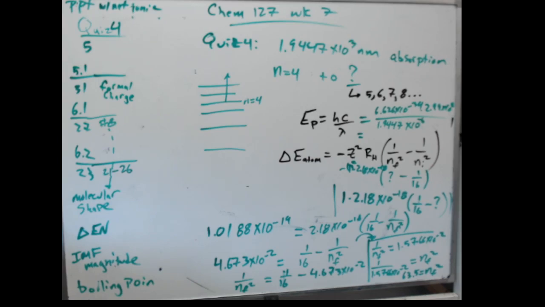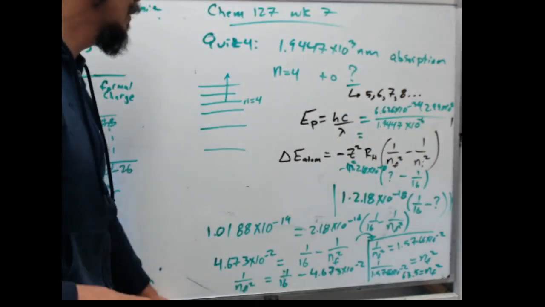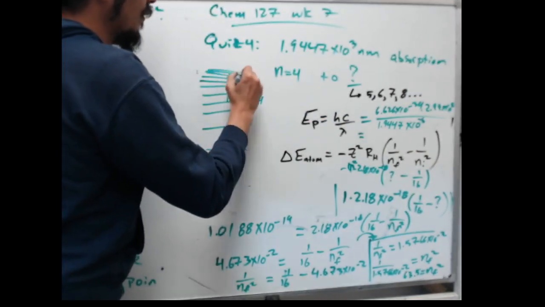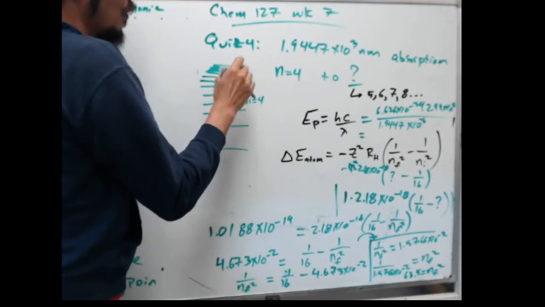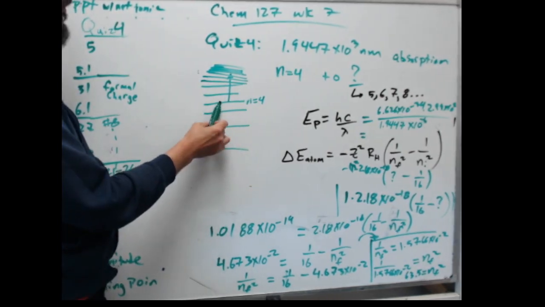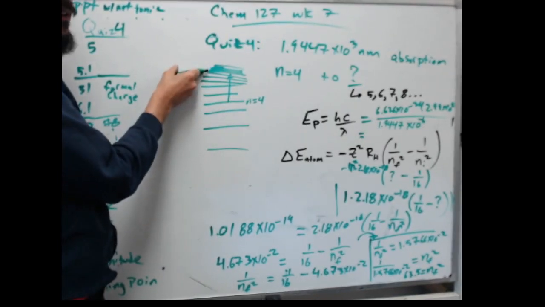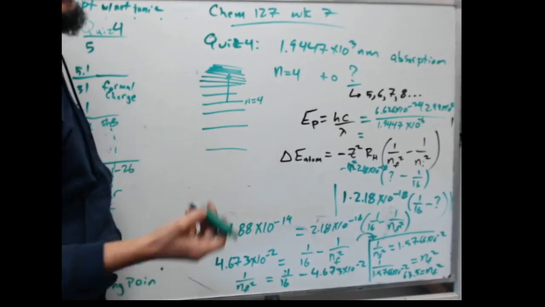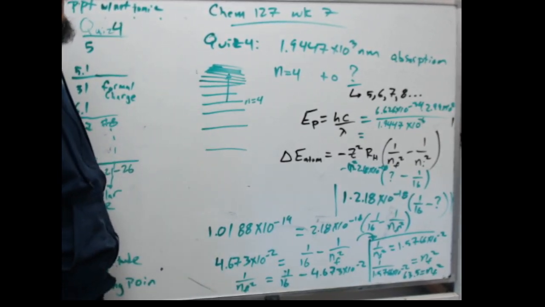Would you give us a jump that goes to double digits? It's possible. It's not that great though, because I draw these lines getting closer and closer to each other on purpose, because it's 1 over n squared. So if you were going from n equals 4 up to n equals 20, 20 to 21 are so close to each other that it could be a rounding error difference.